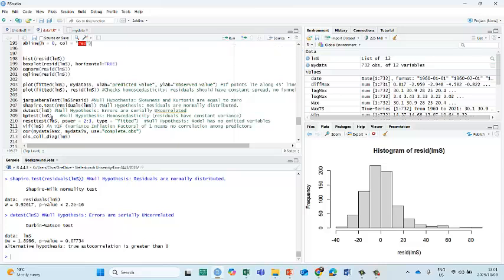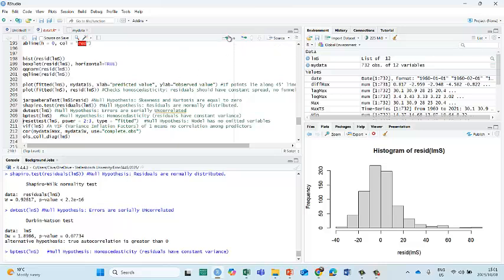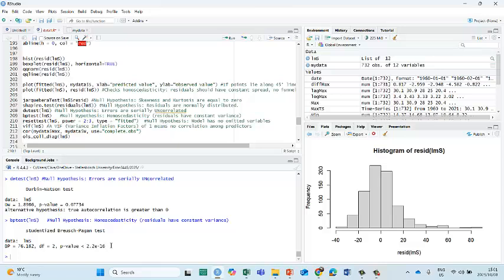And you can see the p-value is very, very small, and therefore we reject the null hypothesis and we accept the alternative: residuals don't have a constant variance. And I just showed you that visually, the errors don't have a constant variance. And that basically also has to do with normality.